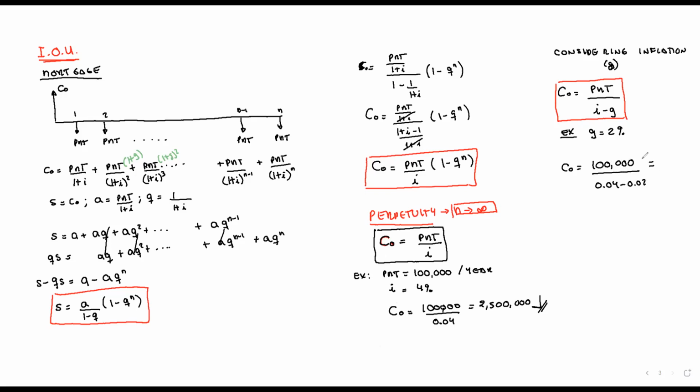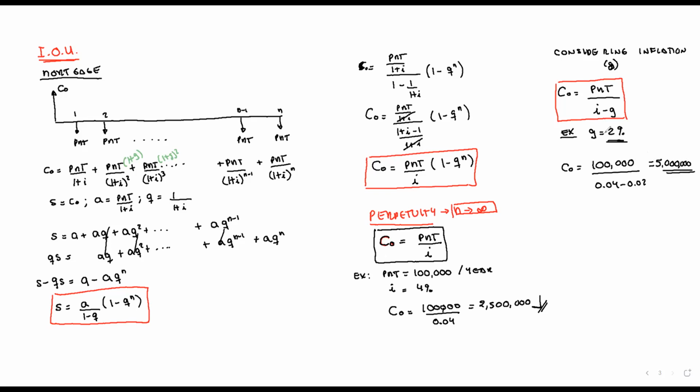So this is equal to $5 million. This is the amount of money, guys, that you need to deposit now in order to provide your kids $100,000 in period one, $100,000 times 1.02, etc. So this money is going to grow according to an inflation estimated at 2%.